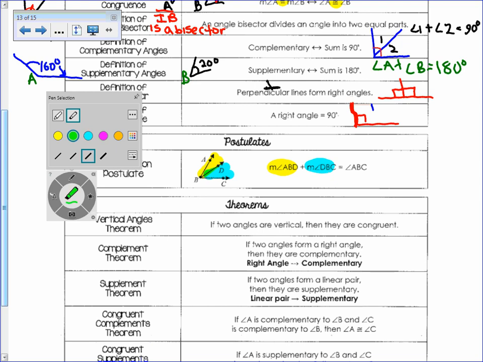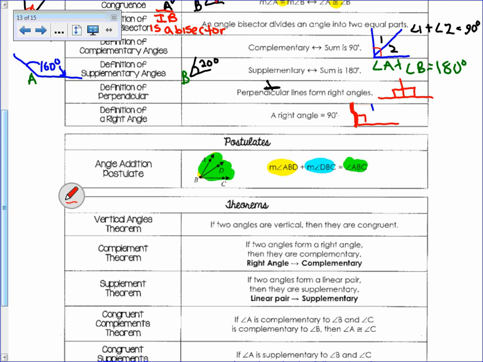You add them up, and they equal ABC. Add these two angles together, and you get the whole thing. So a part plus a part equals a whole. Part of an angle plus another part of an angle equals the whole angle.